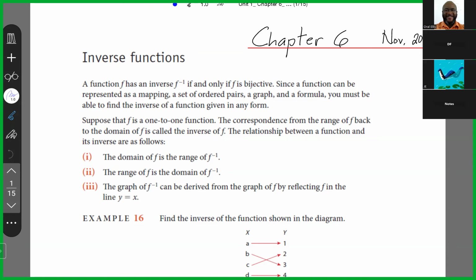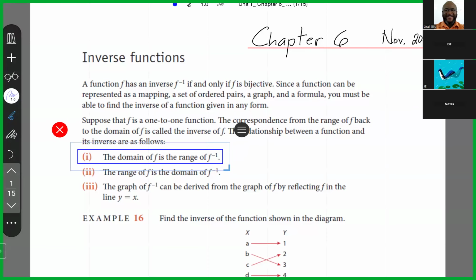So the relationship between a function and its inverse is as follows. The domain of f is the range of f inverse. So if you have two functions, you have f and f inverse. This is very important.